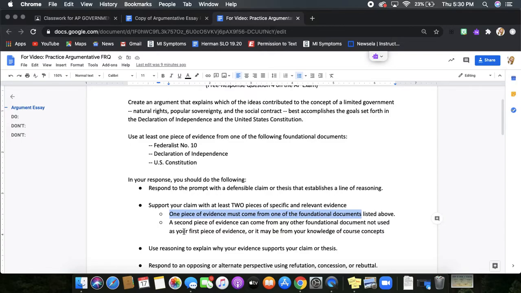Otherwise, I would really stick to the list that's provided for those documents. So you have to use at least 1 from this list here, and a second one from this list, or unless you have a really solid other, you can use another.